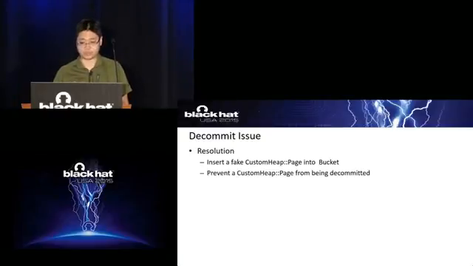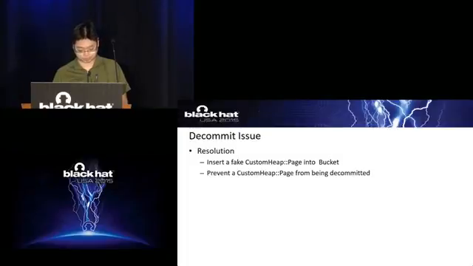To resolve this, we have two choices. The first is to insert a fake custom page into the bucket. Since it is fake, it will not be decommitted and will survive to the destructor. And the other solution is to prevent the one we chose to overwrite from being decommitted.